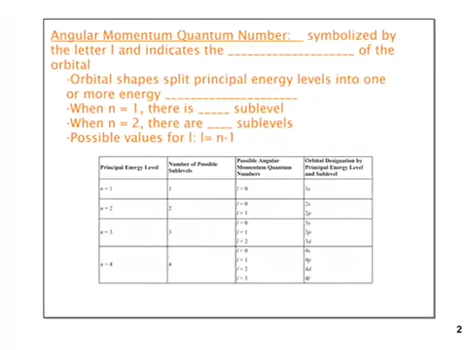Your second quantum number is called the angular momentum quantum number. That's symbolized by the letter l, and it indicates the shape of your orbital. An orbital shape splits the principal energy level into 1 or more energy sublevels.